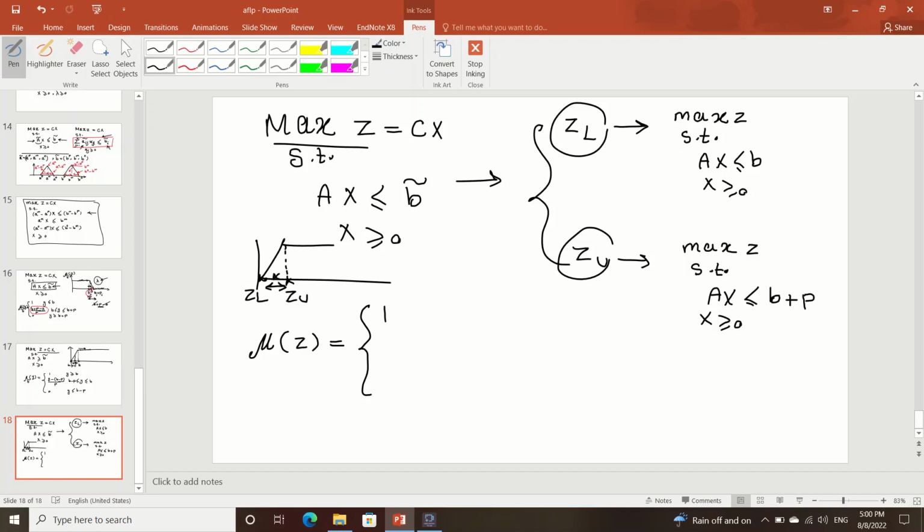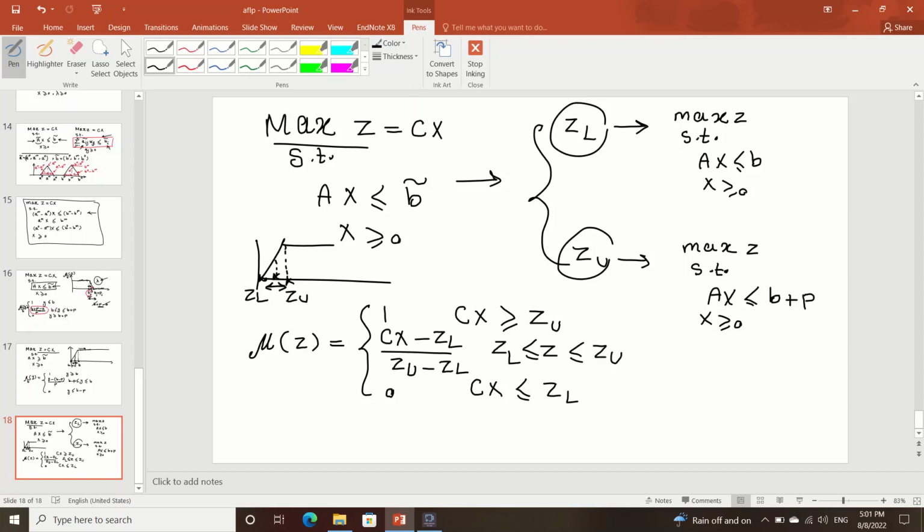This is 1 for Cx greater than Z upper, and this is 0 for Cx less than Z lower, and this fraction Cx minus Z lower divided by Z upper minus Z lower, when Z is between Z lower and Z upper, and this is at least lambda, as you know, according to the previous descriptions about this structure.